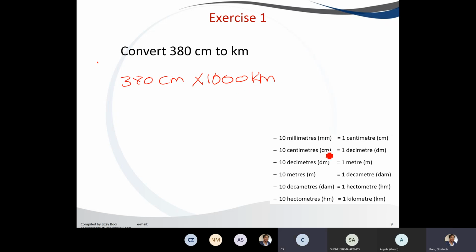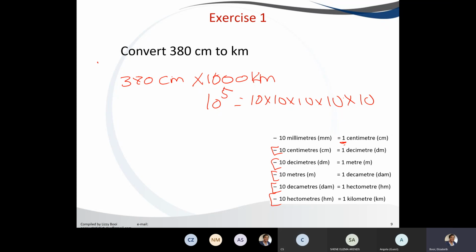Okay, so let's go back. Where is our centimeter? There is our centimeter. So how many tens will there be? 1, 2, 3, 4, 5. So therefore there will be 10 to the power of 5, which is the same as 10 multiplied by 10 multiplied by 10 multiplied by 10 multiplied by 10, because it is 10 multiplying itself 5 times.